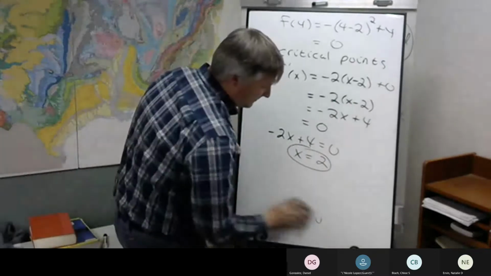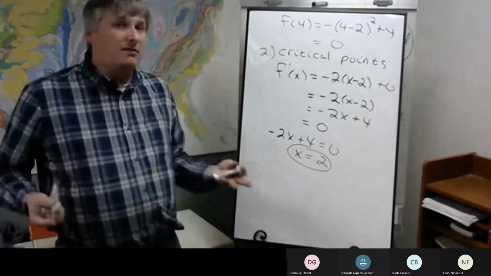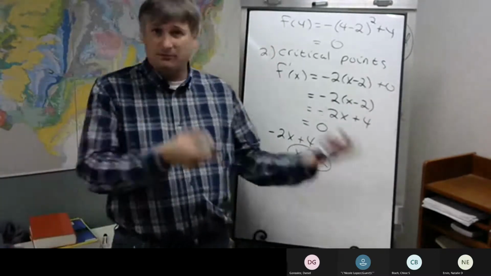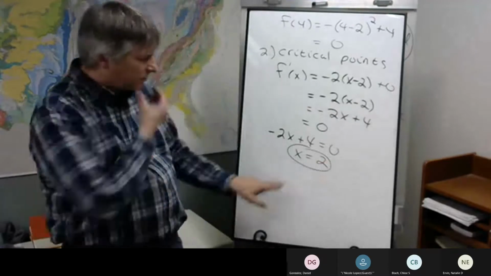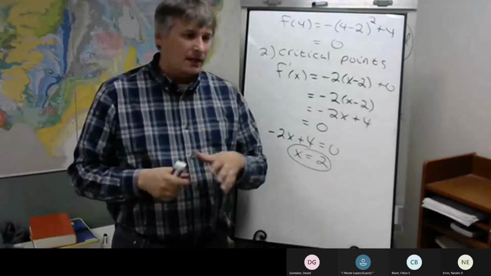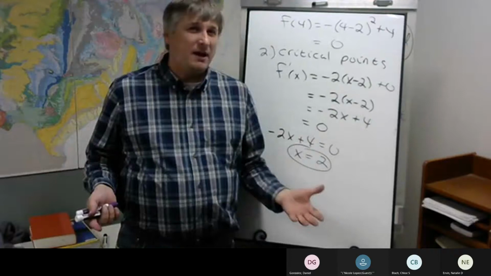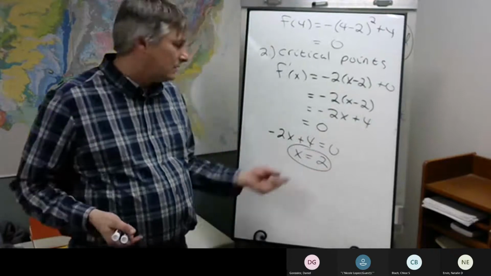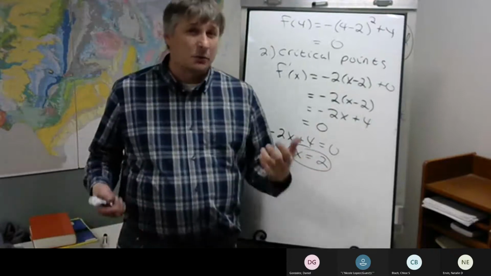So for the endpoints, they gave those to us. It's 0 and 4. Those are the endpoints. The critical point we had to discover. And just like we look at the value of f at the endpoints, we want to look at the value of f at the critical point.